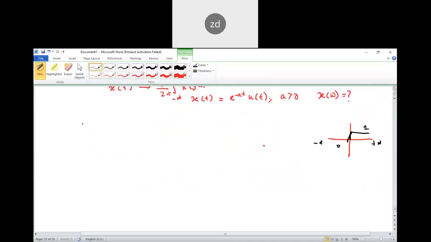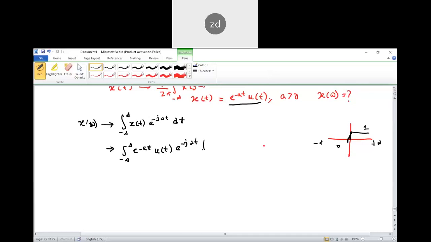Now if I have to write the Fourier transform, I'll straight away write X(omega) would be equal to the integral from minus infinity to plus infinity of x(t) e^(-j omega t) dt. What is my function? x(t) here is this, so I'll substitute it: the integral from minus infinity to infinity of e^(-at) u(t) e^(-j omega t) dt.